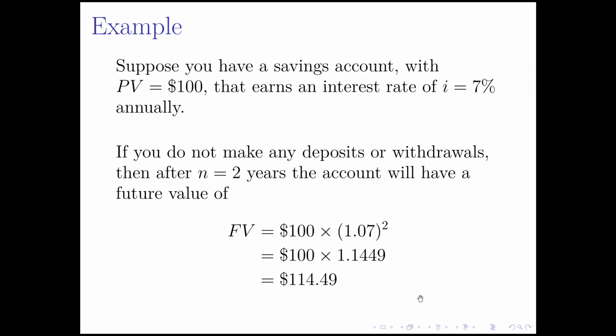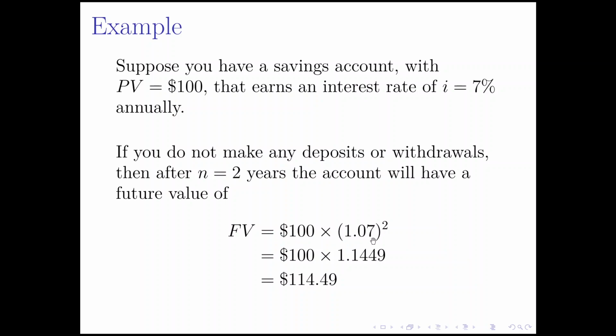Now, if you do not make any deposits or withdrawals from this account, then after n equals 2 years, the account will have a future value of, well, plugging all these numbers into our formula, right? So the future value equals the present value times 1 plus the interest rate to the nth power. So 100 times 1.07 to the 2, right? 2 years, interest rate is 7%, present value of $100.